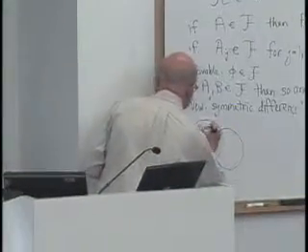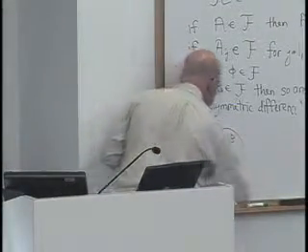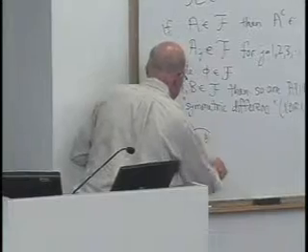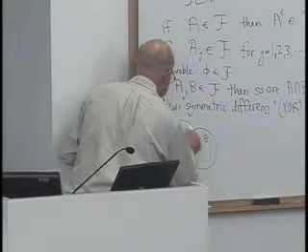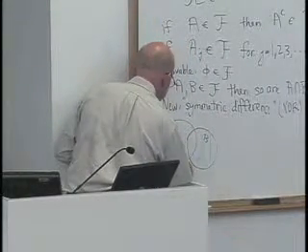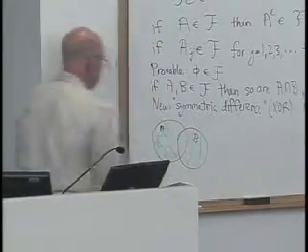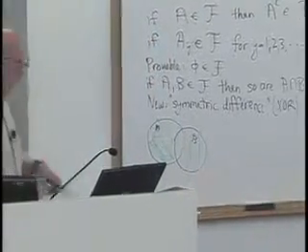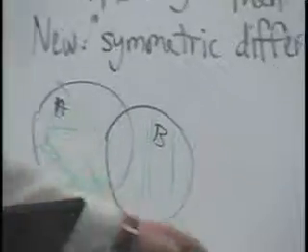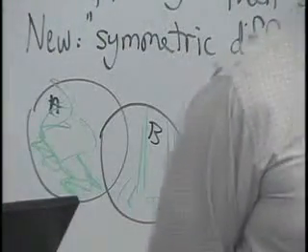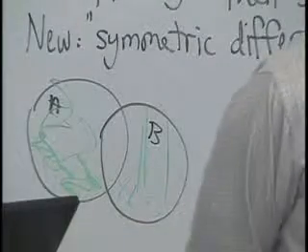So if this is A and this is B, we're talking about that with this little piece left out. Okay. Who can see the obvious proof that this is in the event space?